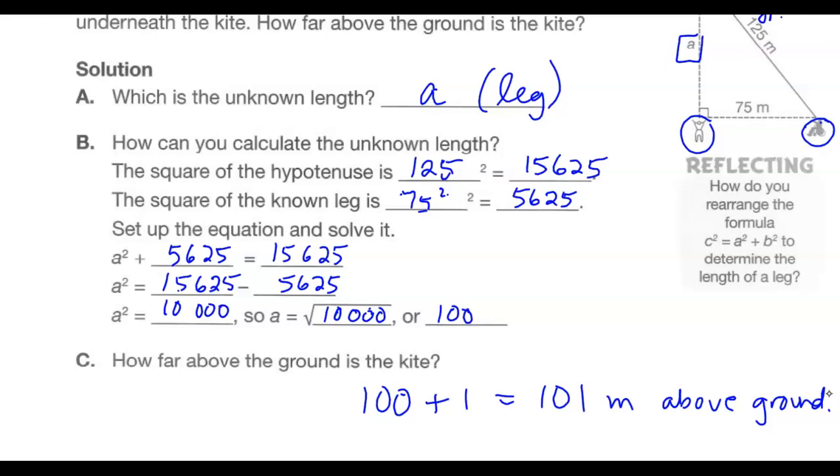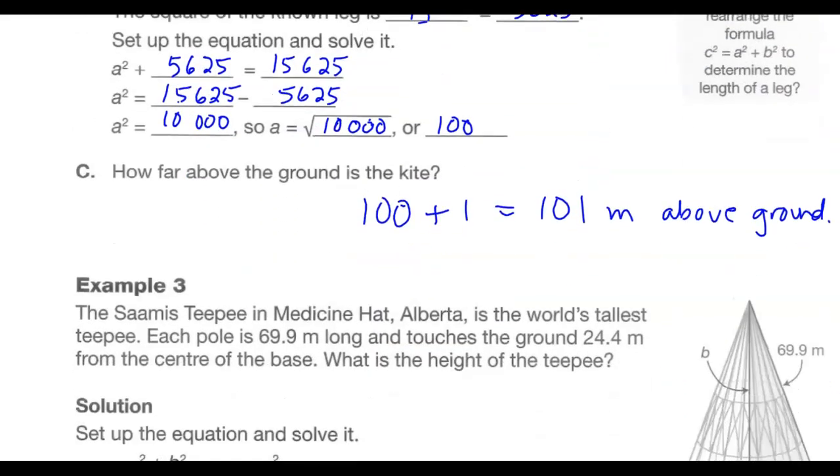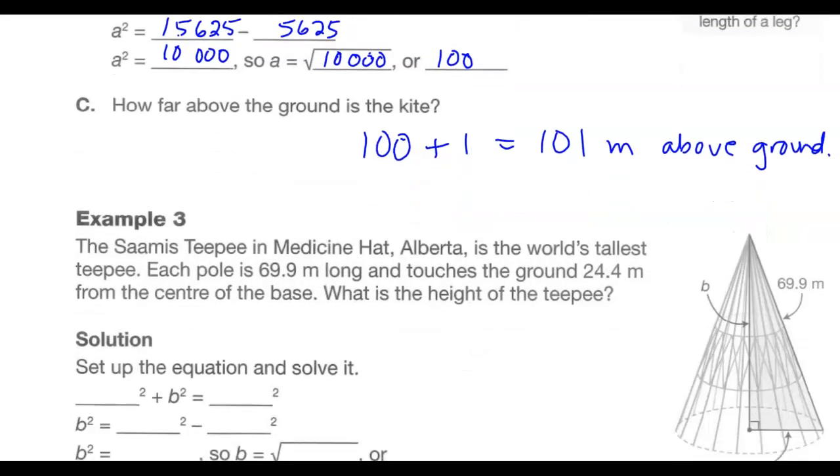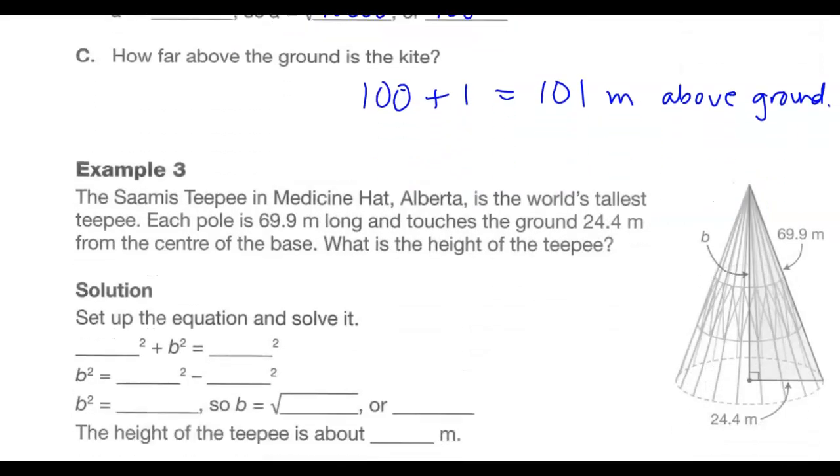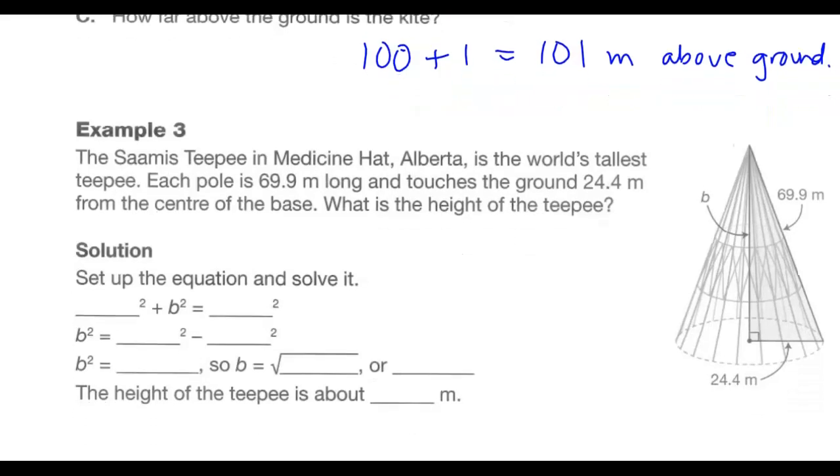Okay, and now you can work on, oh, there's another example here, sorry. The Samus teepee in Medicine Hat is the world's tallest teepee. Each pole is 69.9 meters long and touches the ground 24.4 meters from the center of the base. What is the height of the teepee?